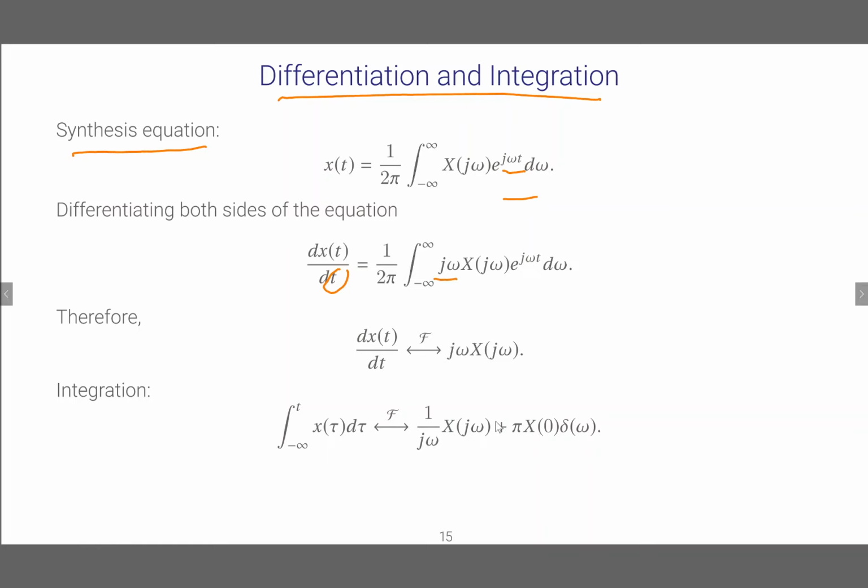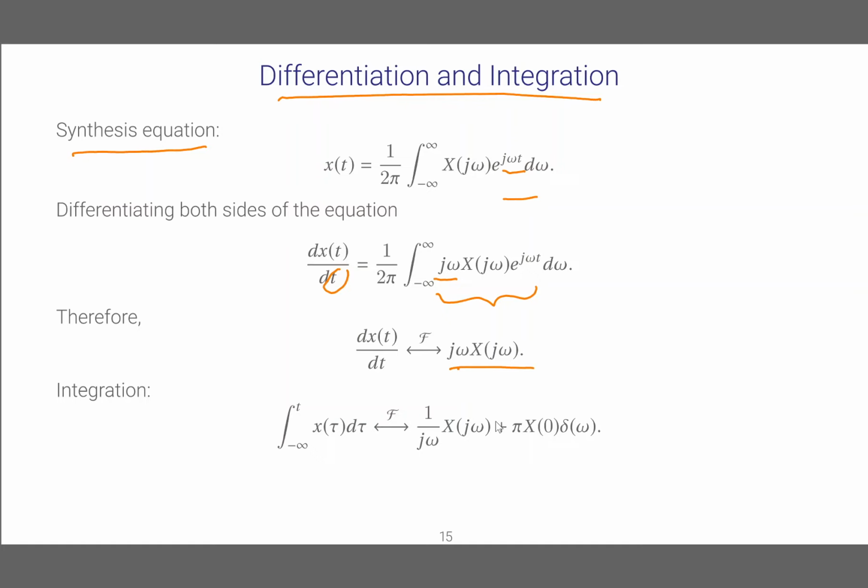So this is actually the synthesis equation for j omega X(j omega). With that Fourier transform, we synthesize the signal, and we know that signal is dx(t) by dt. Given the Fourier transform, how do we find the Fourier transform of the derivative of the signal? We just multiply it by j omega.